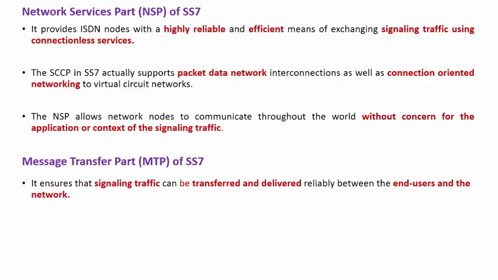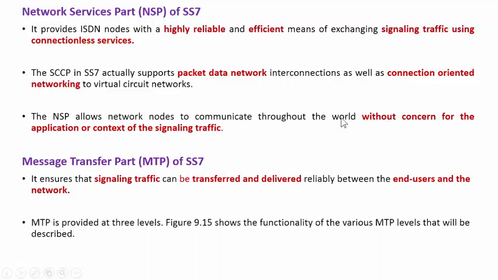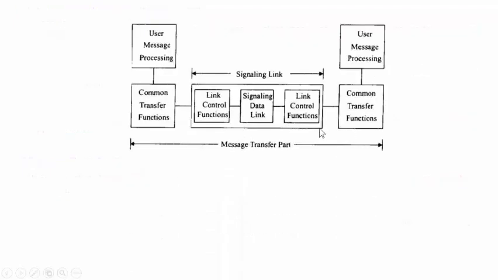Then the message transfer part, that is MTP level 1 to MTP level 3, ensures that signaling traffic can be transferred and delivered reliably between end users and between networks. Also it provides the three levels, as I said, MTP level 1 to MTP level 3.